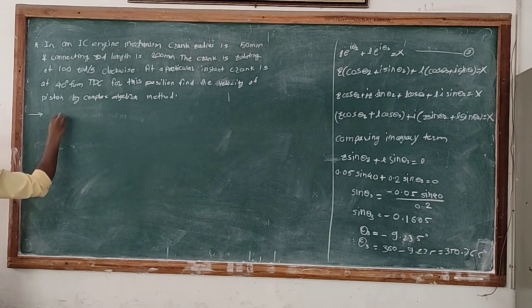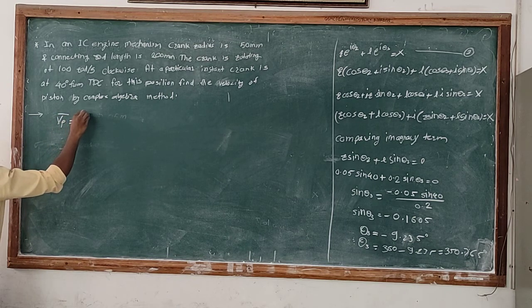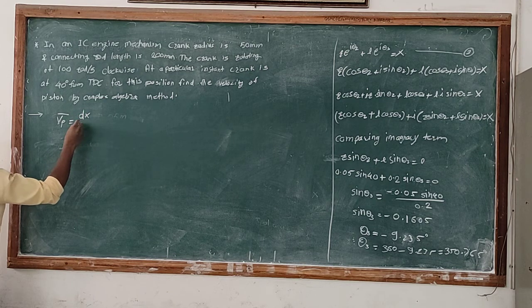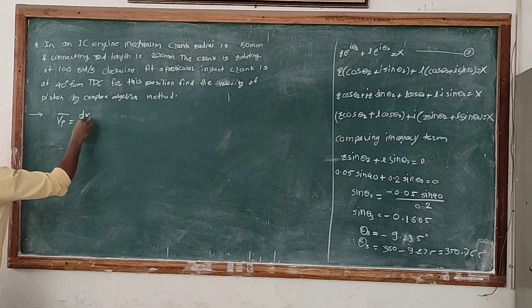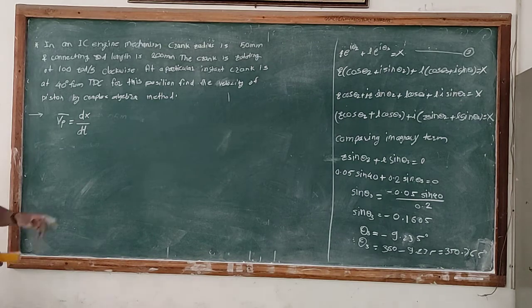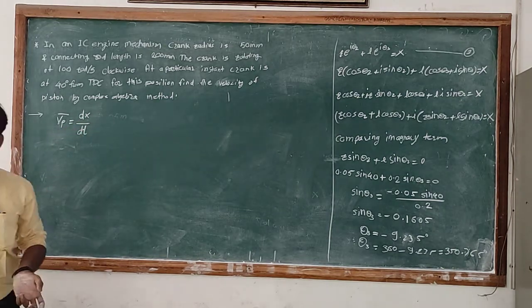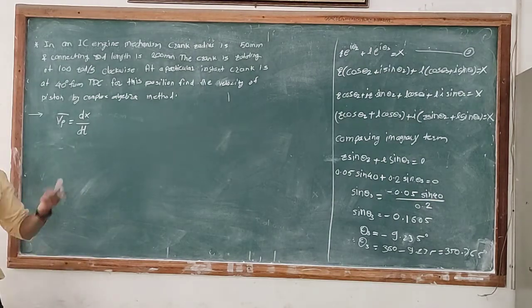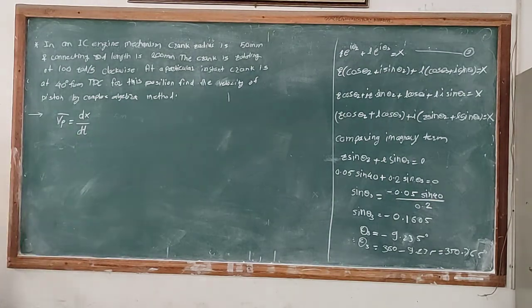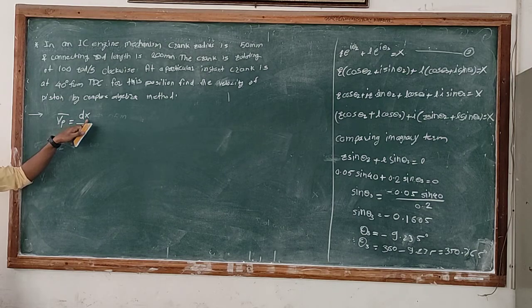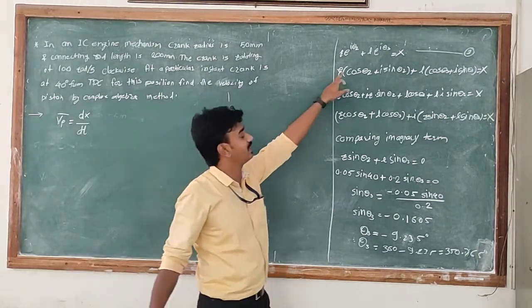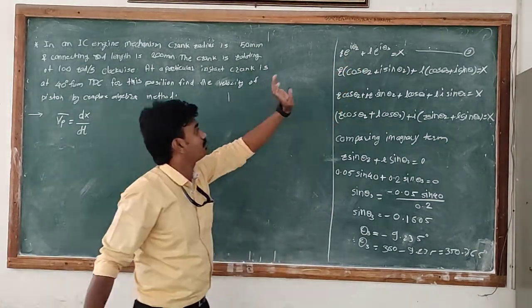The formula for the velocity of the piston is V bar equal to dx upon dt, where x is the displacement, and if we take the derivative of displacement with respect to time, then we will get the velocity. So what is the value of x? We take the value of x from this equation number 2.